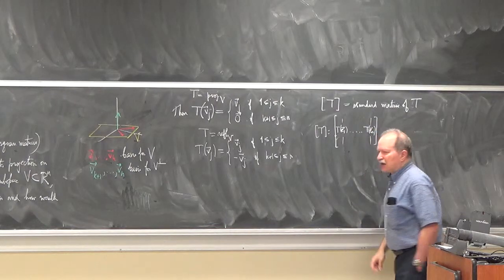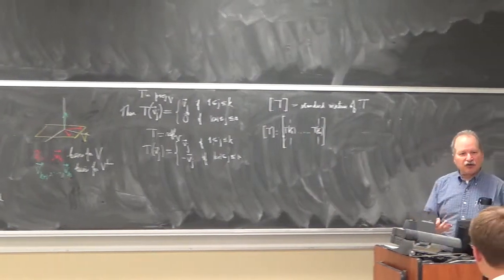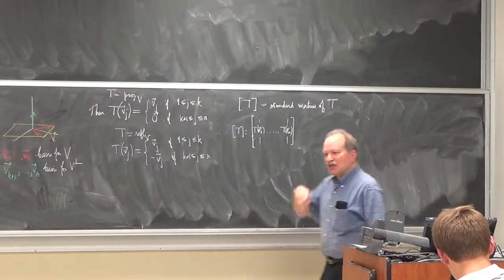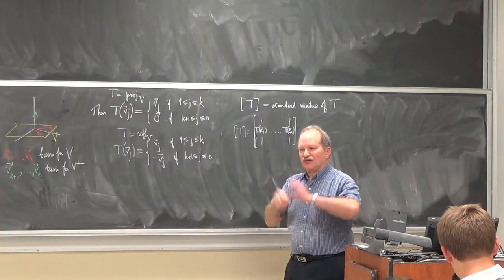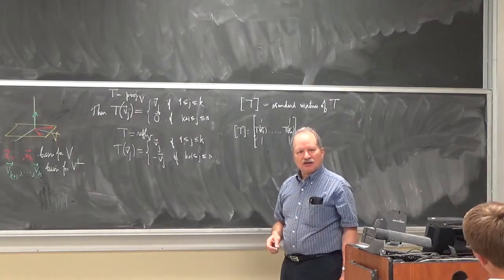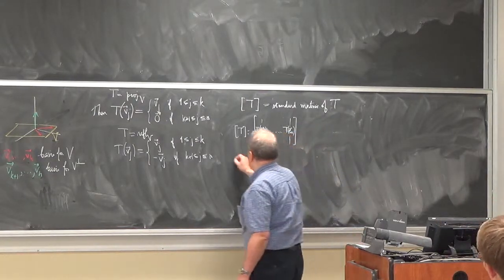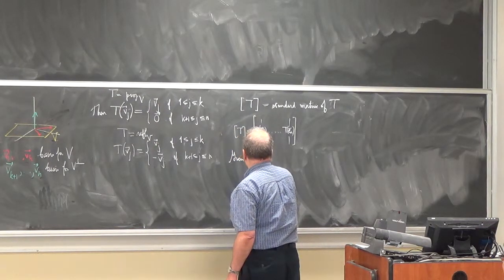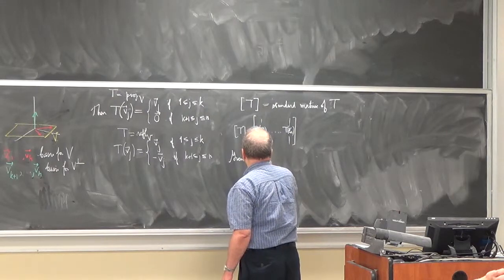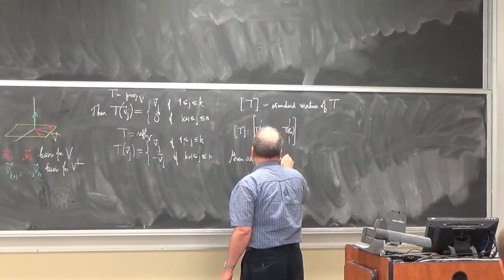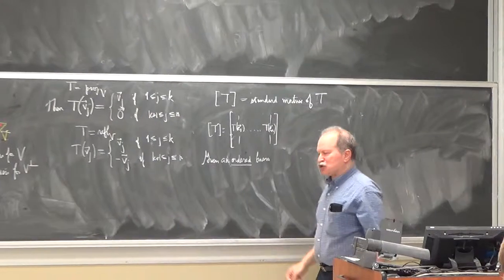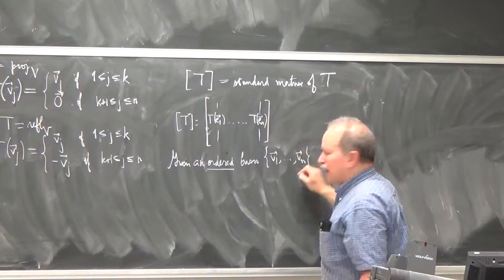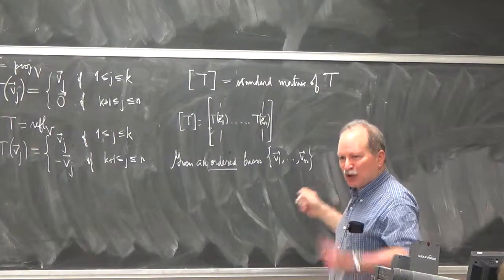And what I'm suggesting now is that if I take a different basis, then I want a different matrix representation that's all in terms of that new basis, which is going to be more convenient. So, given an ordered basis, just to be pedantic, I want to make sure that you keep the basis vectors not just as a set, but in a particular order, so you know which one's first, which one's second.